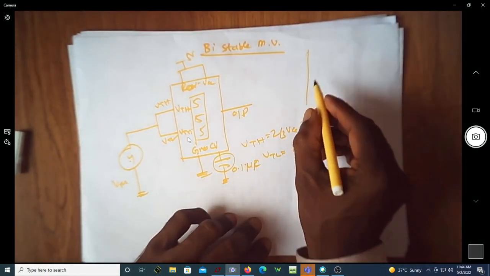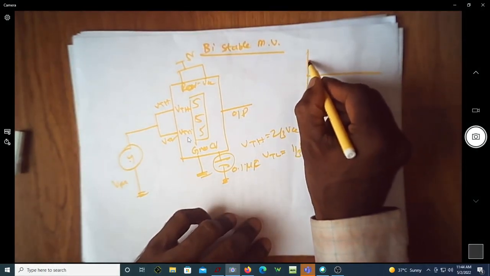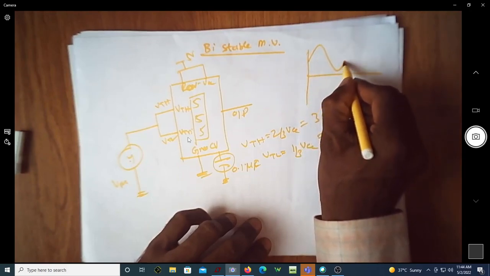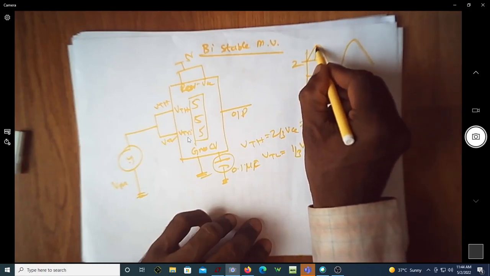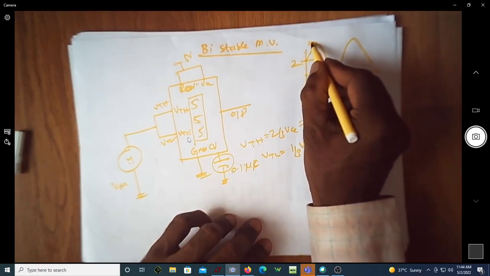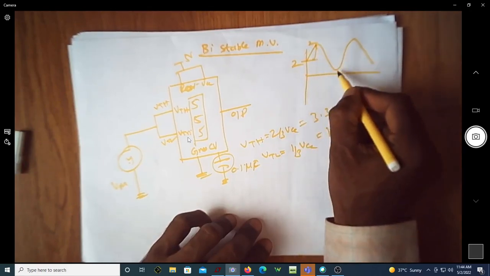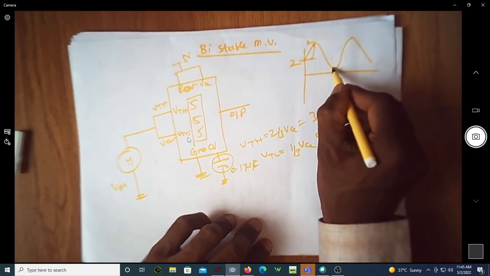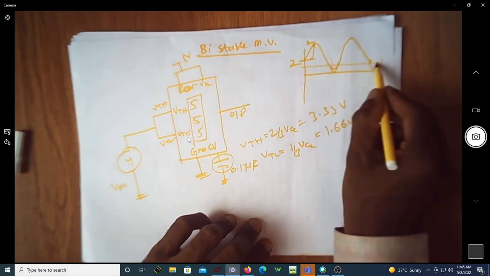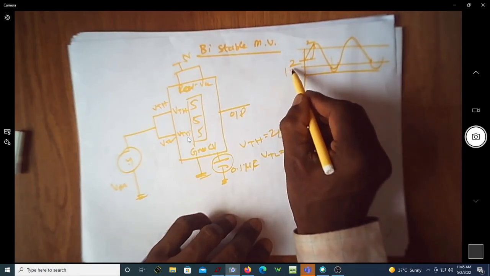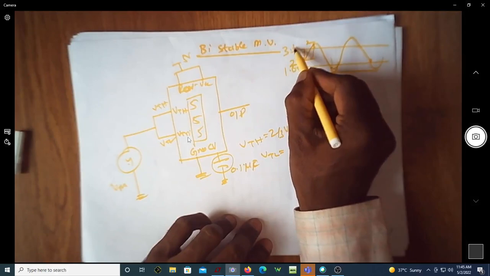So these are the voltage levels. Suppose I apply an input voltage which is already DC shifted, something like this. I'm shifting it by 2 volt, and over and above this I'll apply 2 volt here, so that it will touch 0 here. So you have this VTL, you have this VTH, which is 1.66 and 3.33.